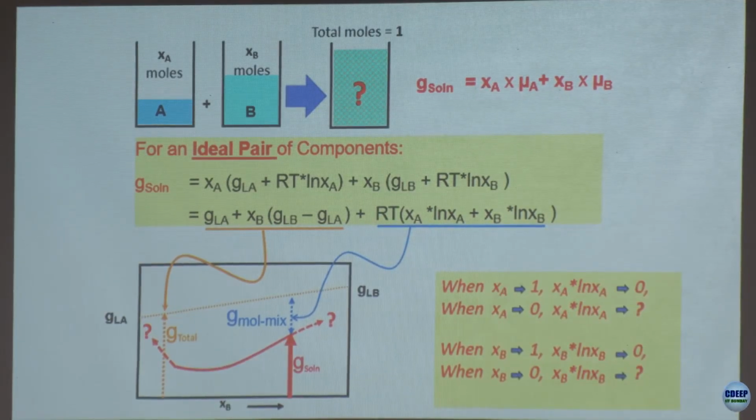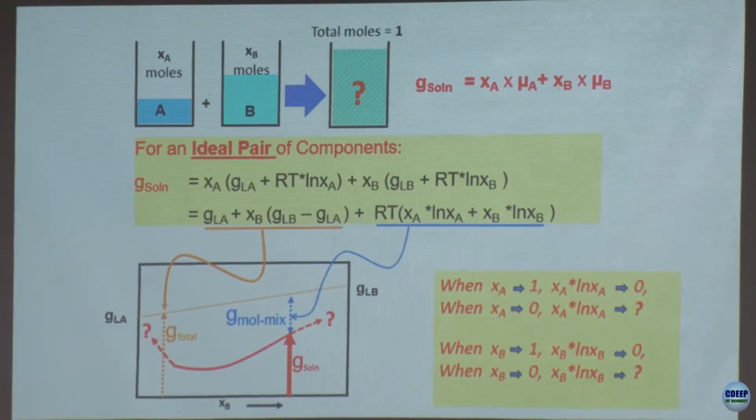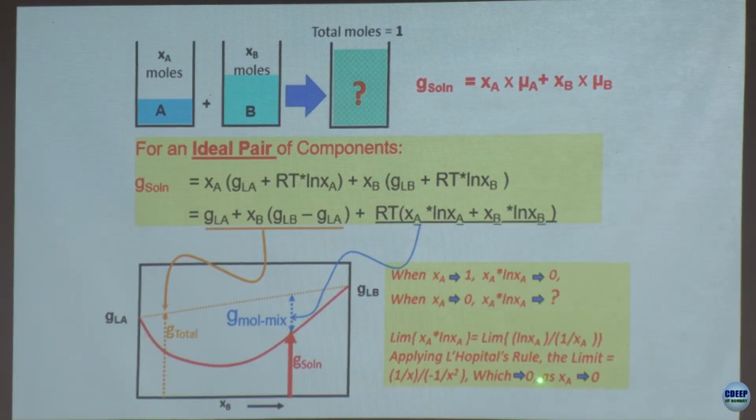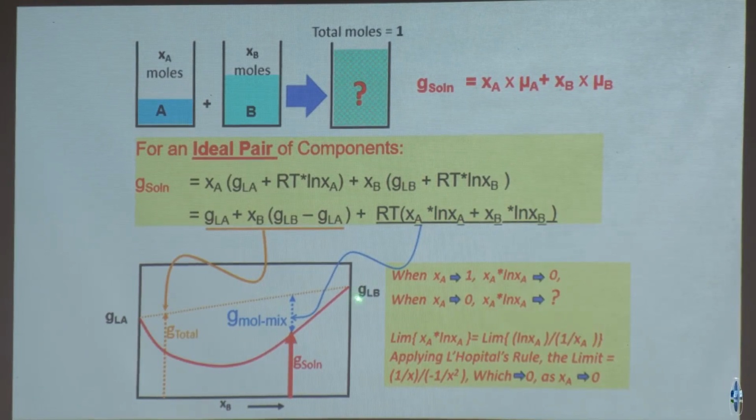But as XA goes to 0 and XB goes to 0, we have a problem, because you cannot estimate this. Do you realize that? We have to now invoke L'Hospital's rule, and if we invoke that, we can find out that the values go to 0, and therefore that particular curve touches here.